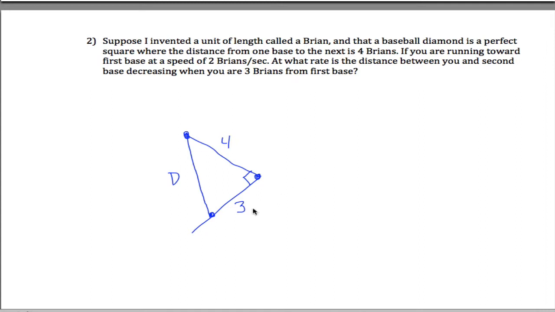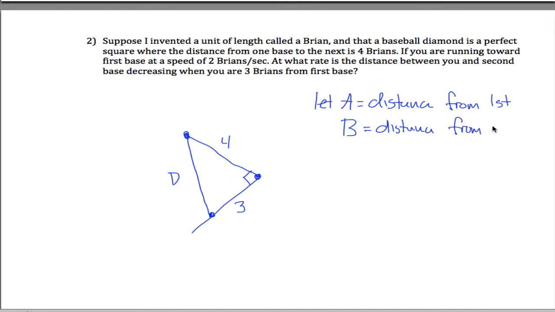So the way to figure this out is if we let A equal distance from first and let, I don't know, C, B, whatever, doesn't matter. Let's go with B. Let B equal distance from second. And no, that's not, sorry, D we already have. Oh man.